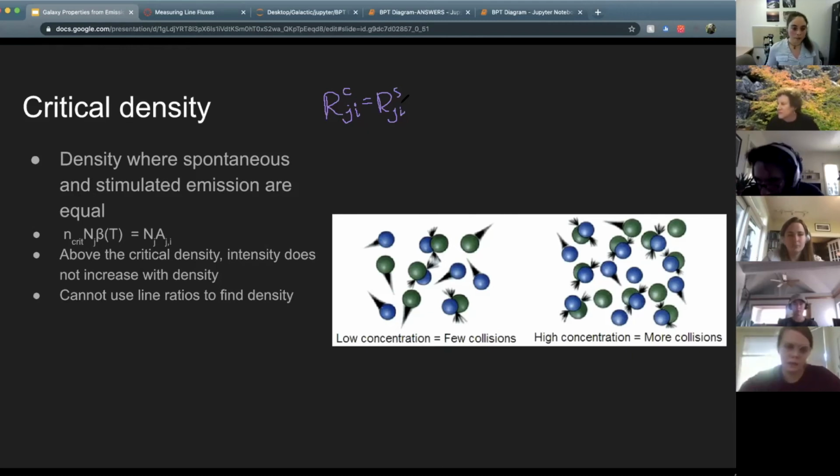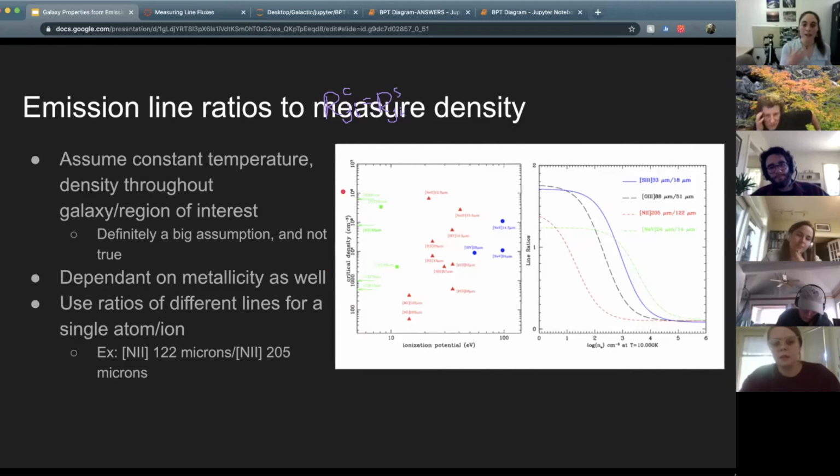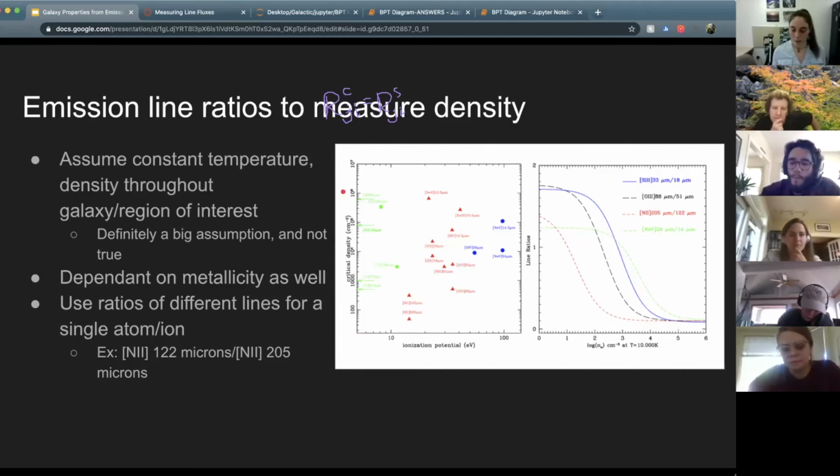So above the critical density, intensity does not increase with density. So you can no longer use that line to find a density in the gas. So that's why, on this previous graph, one of the other things they're showing is the critical density, because that's one of the things that limits the conditions in the ISM where you can use any specific ratio of emission lines.